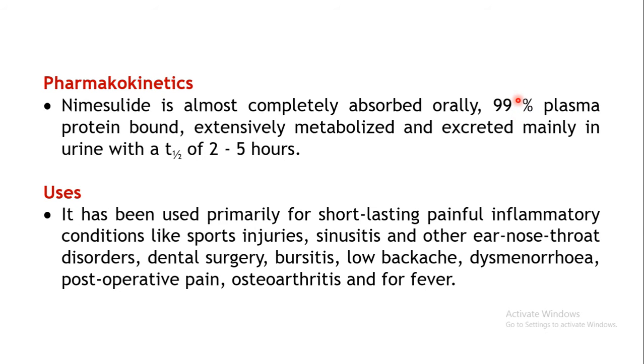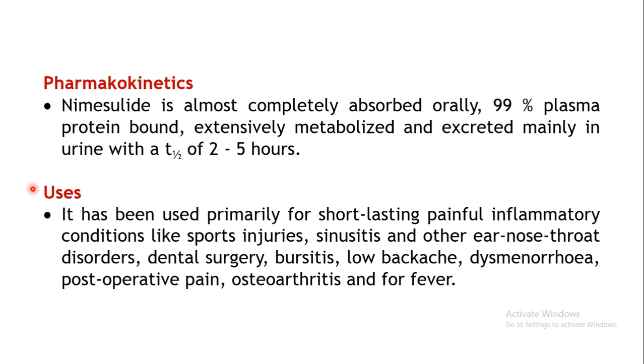It is almost completely metabolized and excreted mainly in the urine, and the T half-life is just 2 to 5 hours. So repeated dosing may be required. Once daily dosing may not be sufficient because of its shorter T half-life.